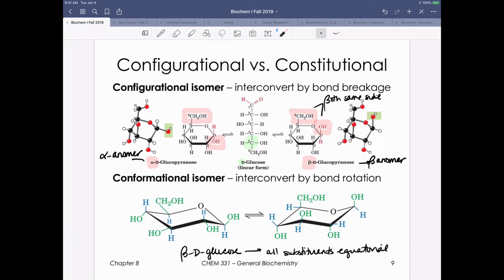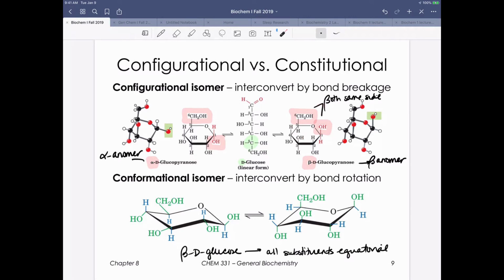So again, when we cyclize these sugars, it's nature's way of protecting this reactive carbonyl containing functional group. And the position of the OH group on the anomeric carbon designates this Greek letter. This is alpha when we have this configuration, beta when we have this configuration.